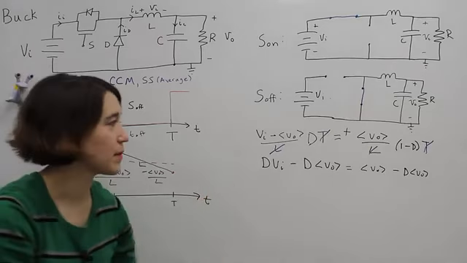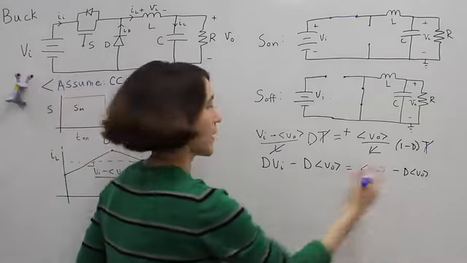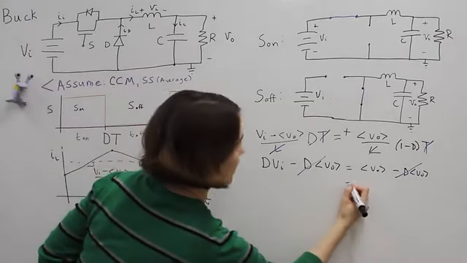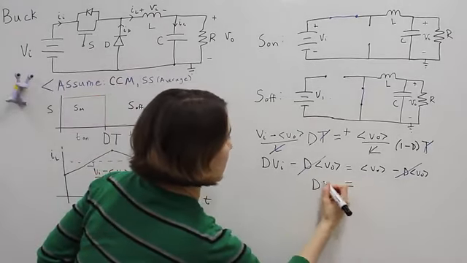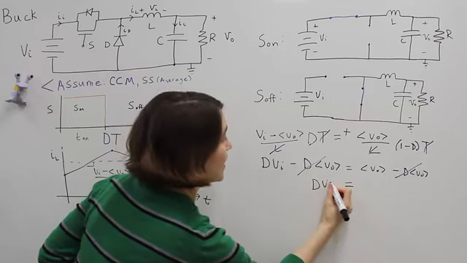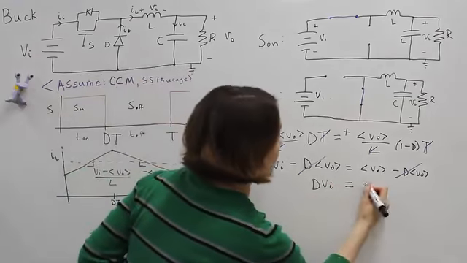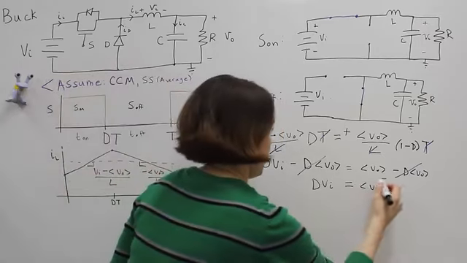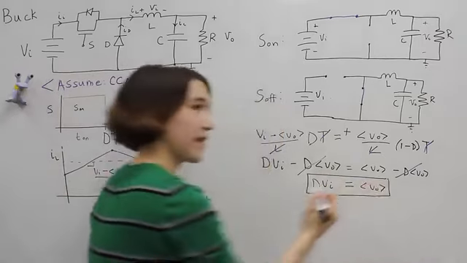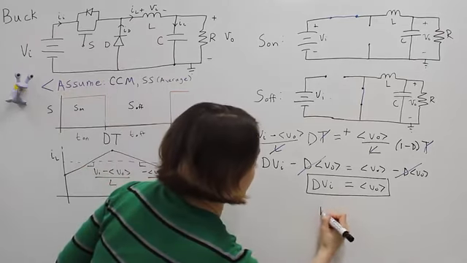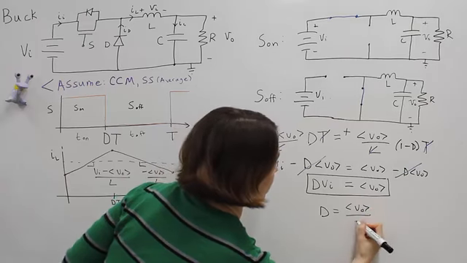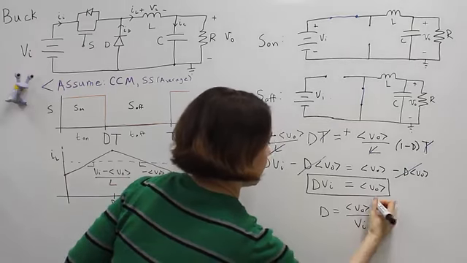Here again, we can simplify. We see that this is the same on both sides. Simply get rid of that. And we are left with a very simple equation. D, the duty ratio, times the input voltage is equivalent to the average output voltage. We can also rewrite this as D equals the average V out over the input voltage.